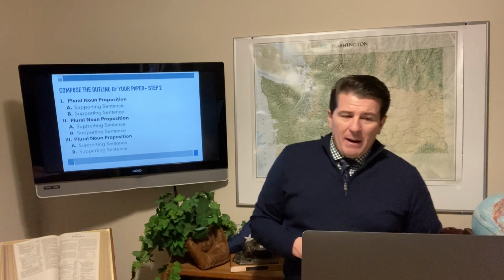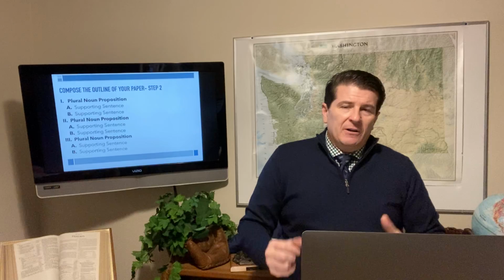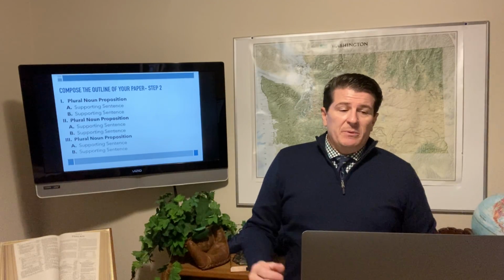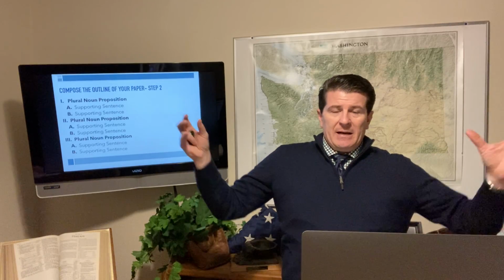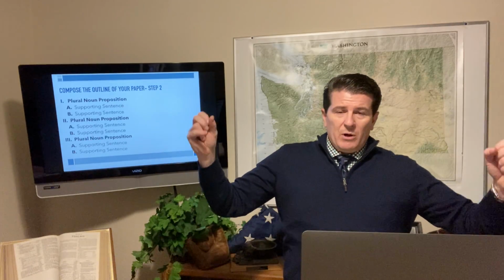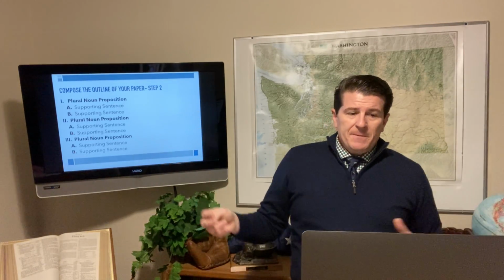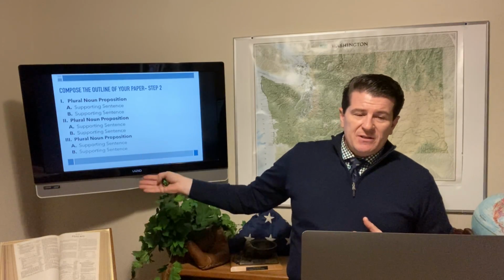So let's go back again. What I like to do is give a big picture and then come in tight and synthesize that again. I've been talking about this main heading and then subheadings, Roman numeral 1, 2, 3, and then A, B. This is how it would look.